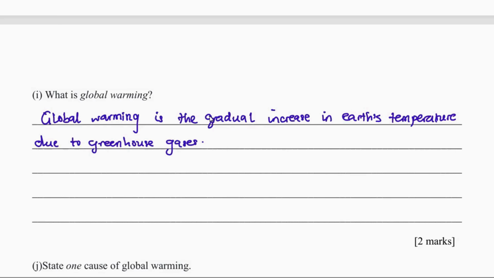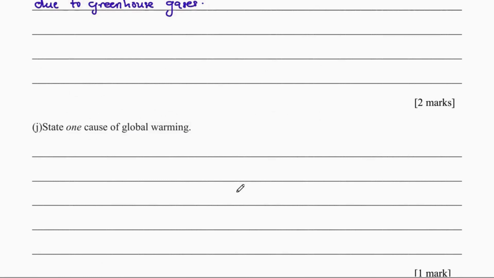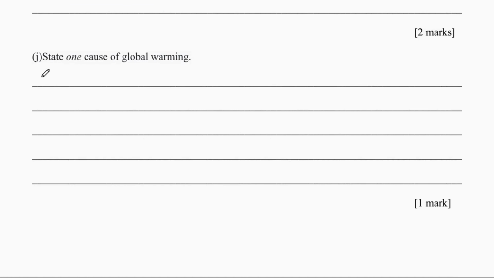Okay, so it's how the Earth maintains its warmness, okay, due to these greenhouse gases. Now the next question is state one cause of global warming: burning of fuels containing carbon, okay, producing carbon oxides and other greenhouse gases.